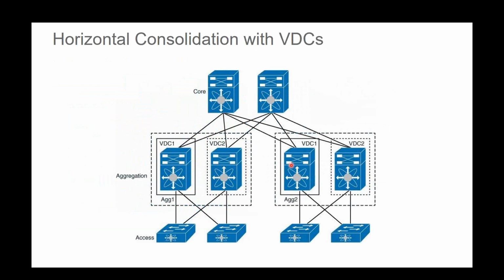So VDC1 is your prod traffic, and it goes up to the core. You have your redundant core, your redundant aggregation layer, redundant access. You have your test/dev in another VDC, same box, no additional hardware costs, but separate traffic, so that you can have your test/dev separate from your production.